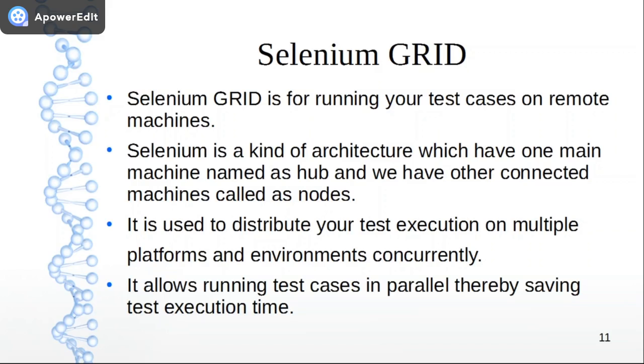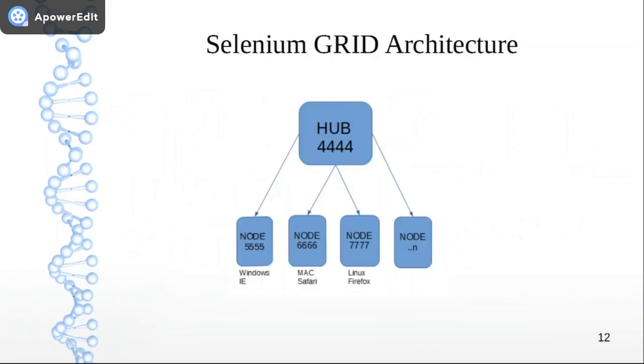So this is how it works. It is in the next slide I have given. For example, this is a machine where the script is written, and we can connect these different other machines with this hub, and you can distribute all your test cases within these nodes, and in parallel or sequentially it will be running over the nodes and giving the output to the hub.